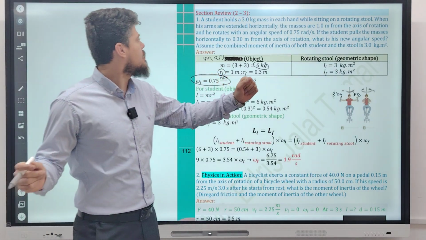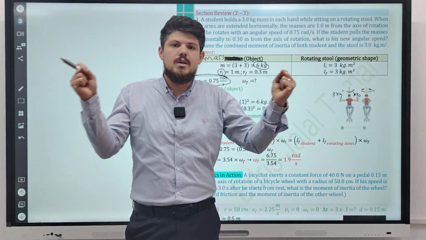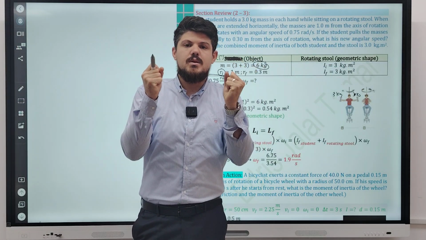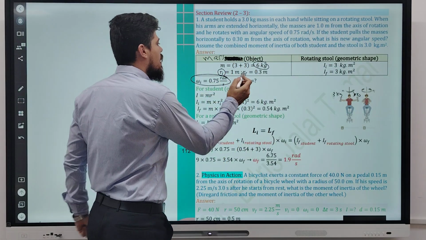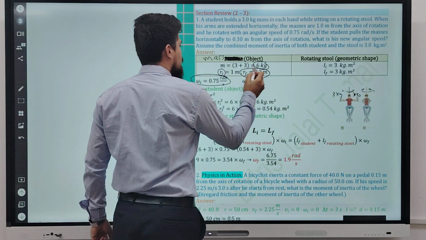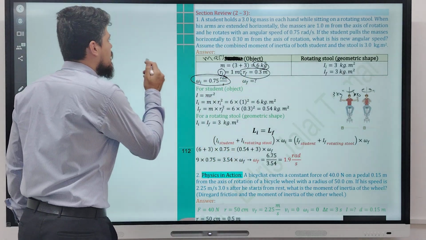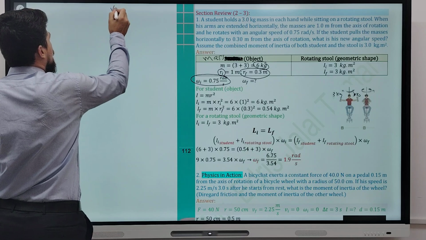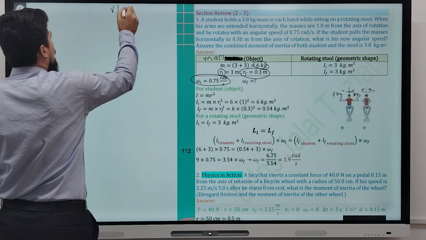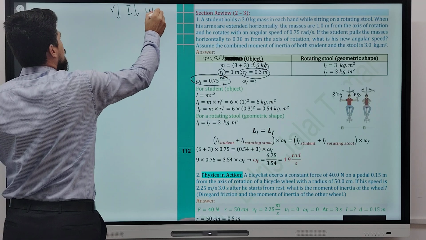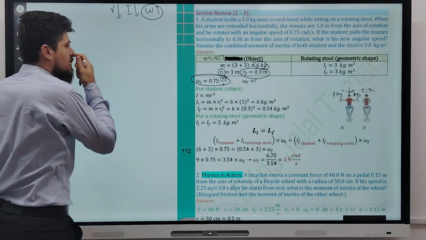If the student pulls the masses horizontally from 1 meter to 0.3 meter from his body, it means that R final decreased from 1 meter to 0.3 meter. What happened when R decreased? When R decreases, moment of inertia also decreases, but its angular speed must be increased.